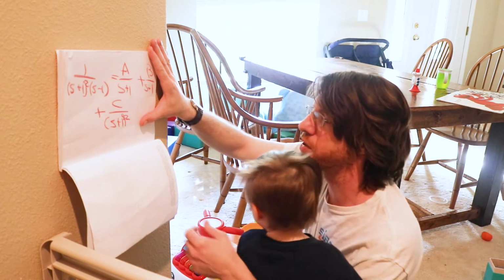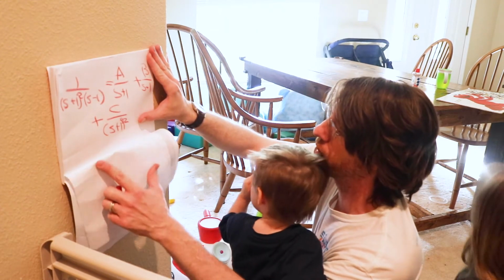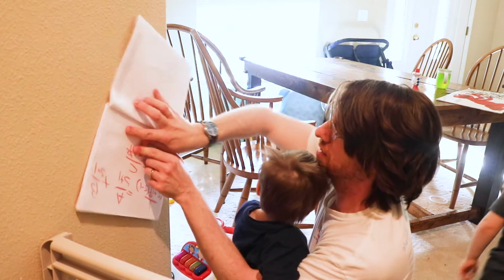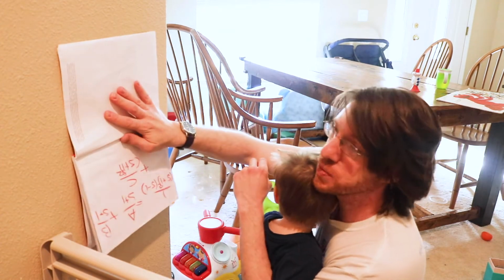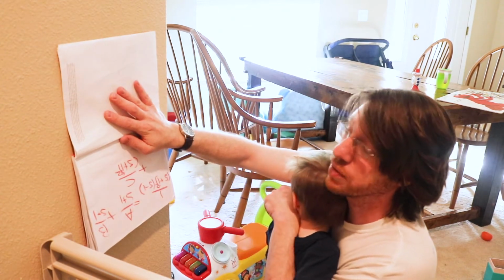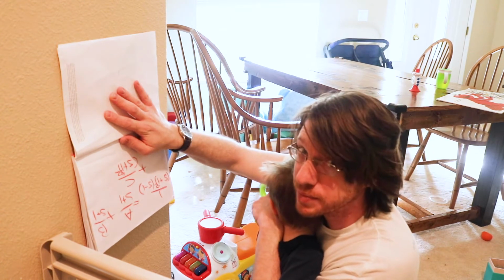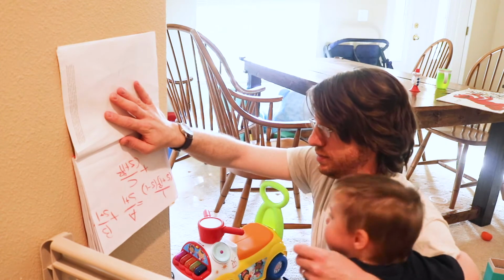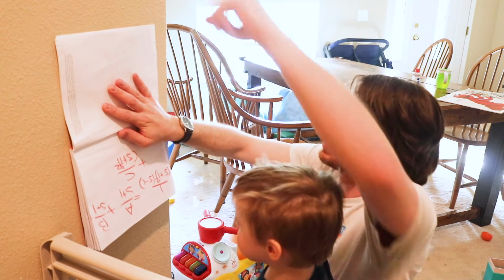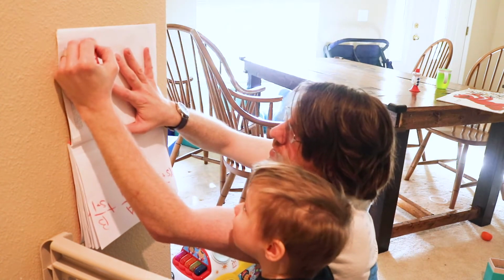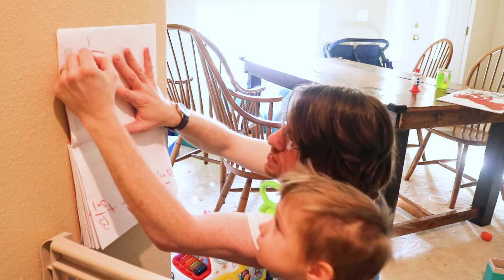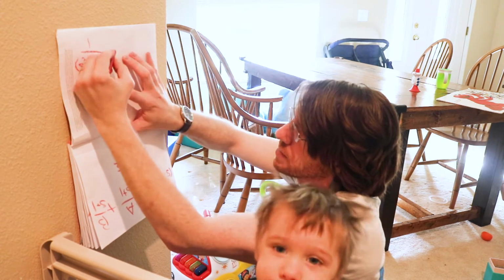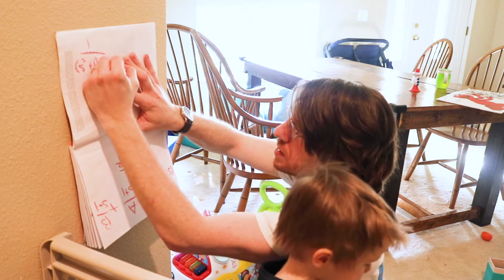Then there's one other case that you need to worry about, and that's when you have an irreducible form, say s squared plus 1. So let's say you have 1 over s squared plus 1 times s minus 1.